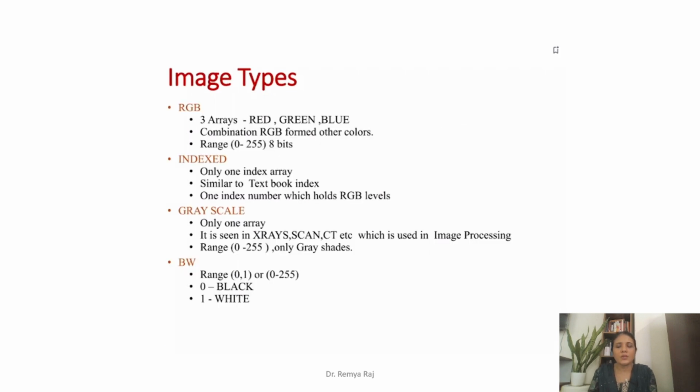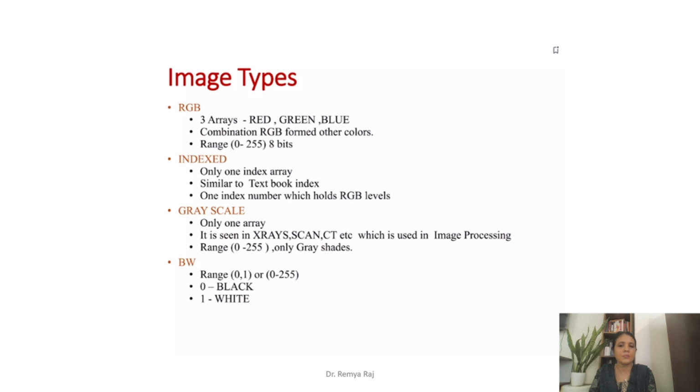The image types are RGB images, indexed images, grayscale images, and black and white images. RGB images consist of red, green, and blue components, and the range is from 0 to 255, which is 8 bits. Indexed images consist of only an indexed array. Grayscale images have different shades of gray, and the range is from 0 to 255.